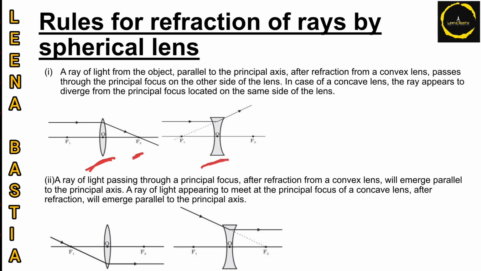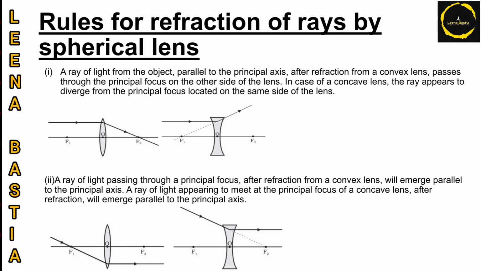In case of concave, it appears to be refracted from the same side, means the image will also be formed on the same side as the object. Let us see later on, but till now this is what we can conclude, because we already have the knowledge of image formation in case of mirror.